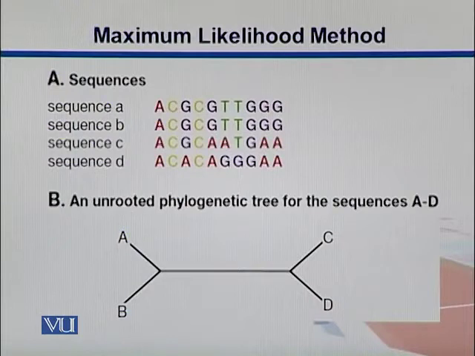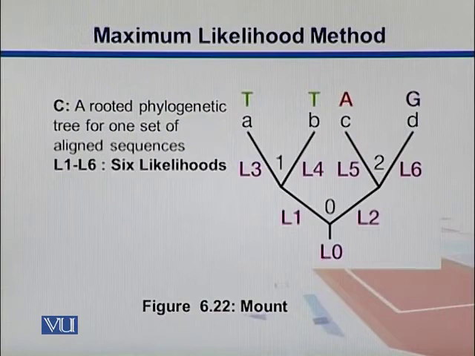You come up with four different sequences, A, B, C, and D. We align them, and we can come up with an unrooted phylogenetic tree for these sequences. Then we incorporate the roots in those phylogenetic trees, and we can come up with different likelihoods or scenarios.